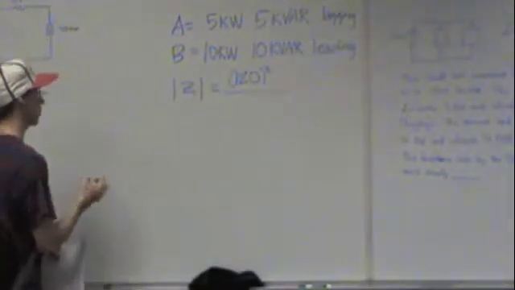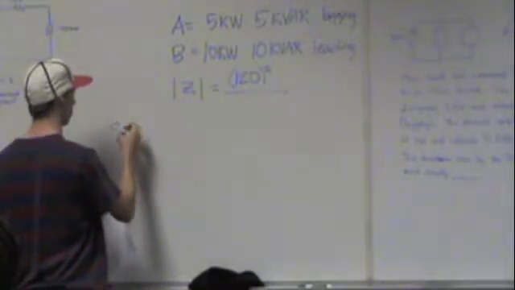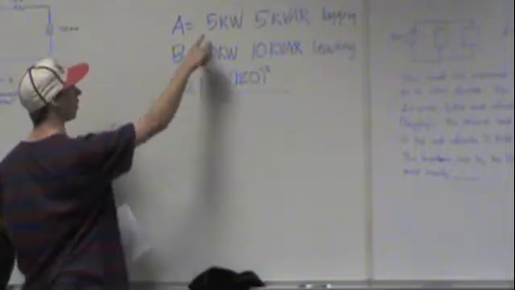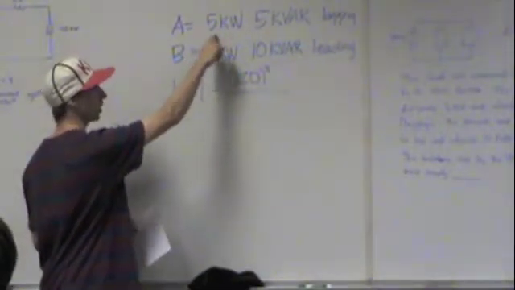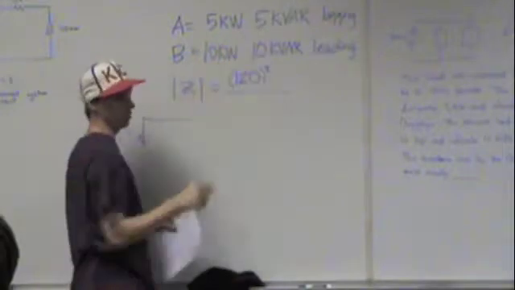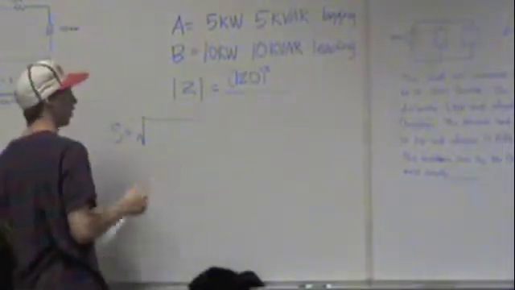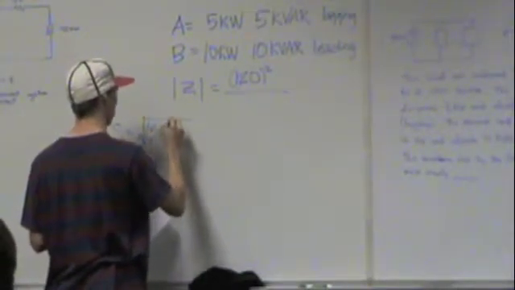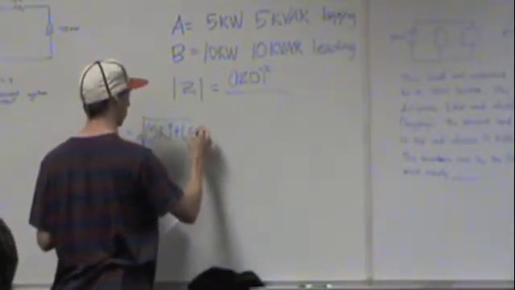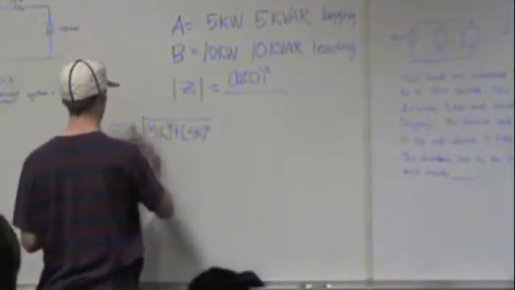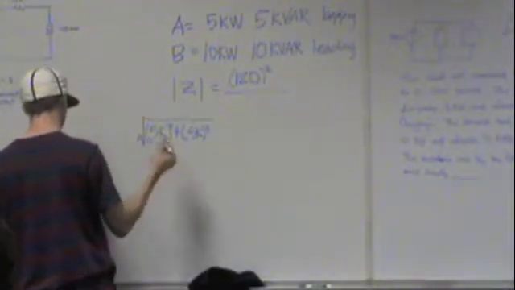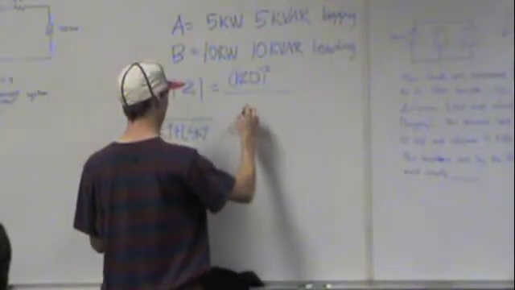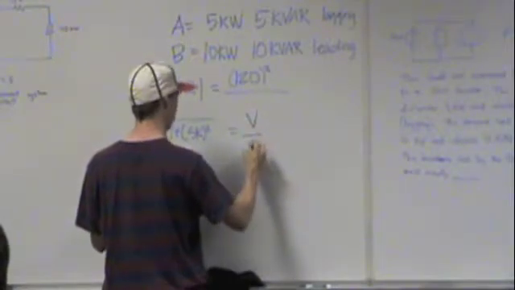So to find the magnitude of power, we would take the square root of the real portion squared added with the reactive portion squared. So we're just gonna do 5k squared plus 5k squared. That's not too difficult, luckily. So that's gonna be equal to the voltage over S1.